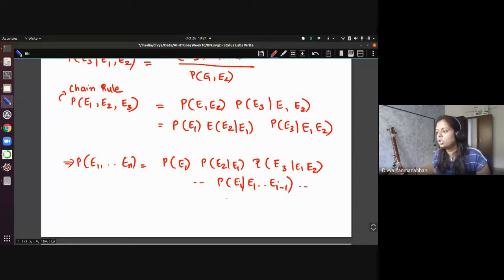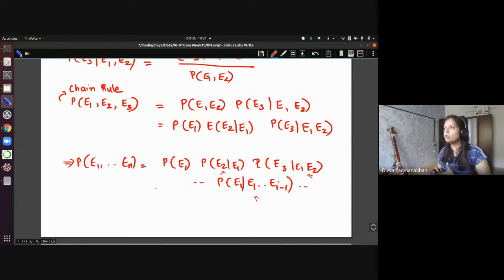Then you would need to estimate all of these quantities from your data, and there are a lot of terms which come in the chain rule. So you will need a lot of data to get these terms. Sometimes, if you can simplify these expressions, it helps.